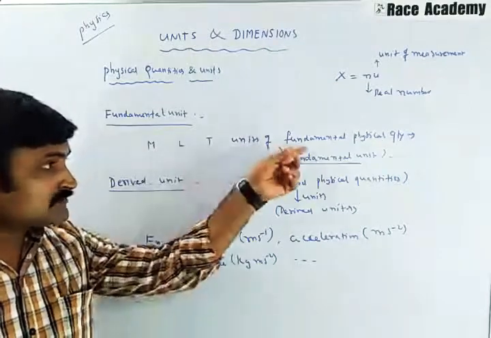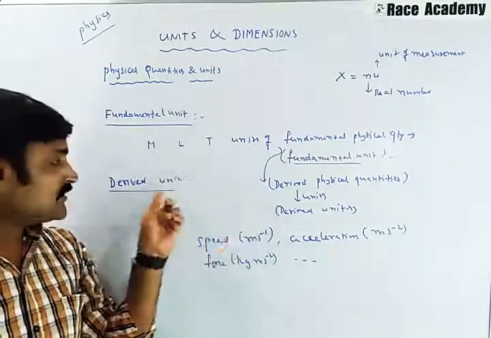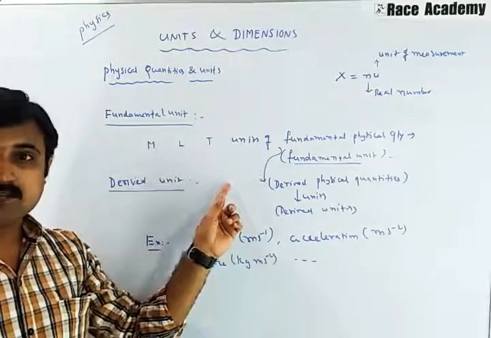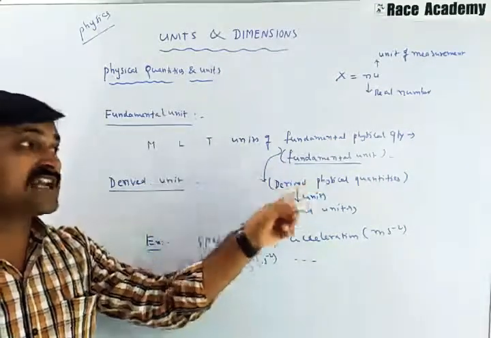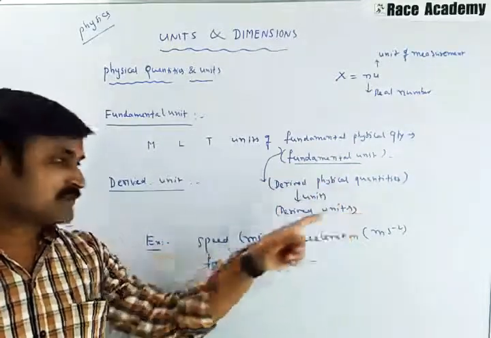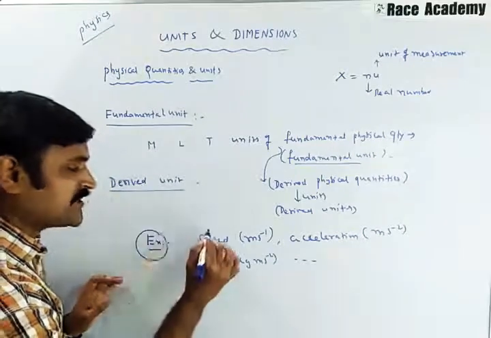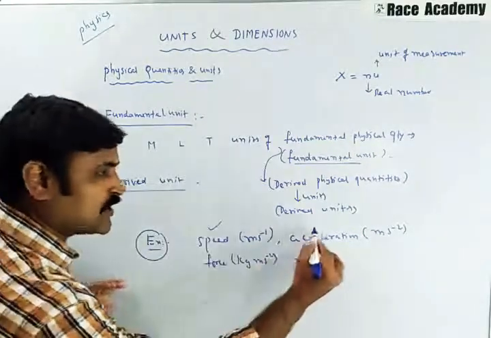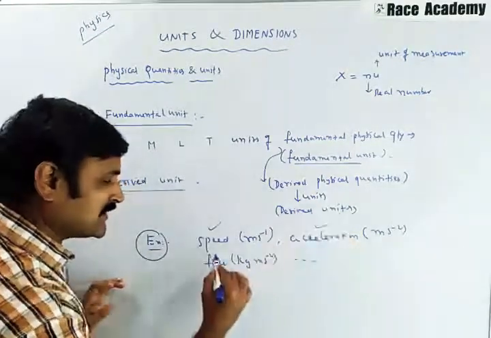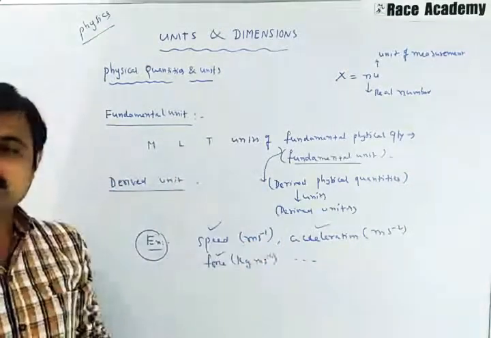The quantities derived from them are called derived quantities, and their units are called derived units. Examples: derived quantities speed, acceleration, force, and their units are called derived units. Okay.